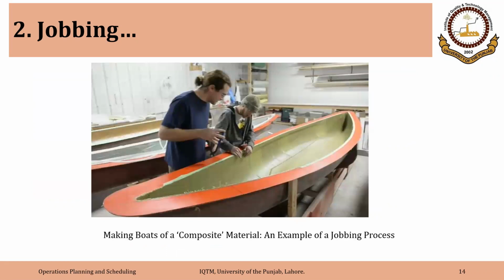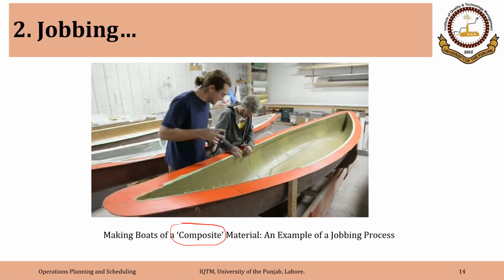Another example is making boards of a composite material. So you have to know the specification of the customer, what composite material is required by the customer, and some other technical details. It also takes some time to make this board, and it also requires some special skills.